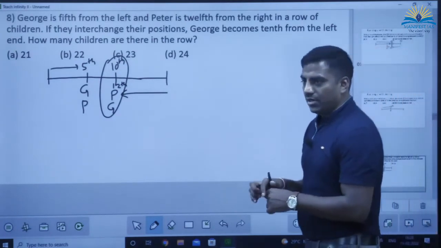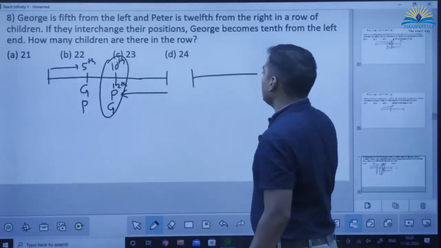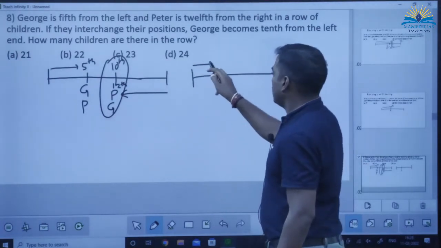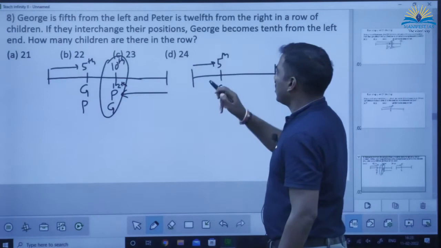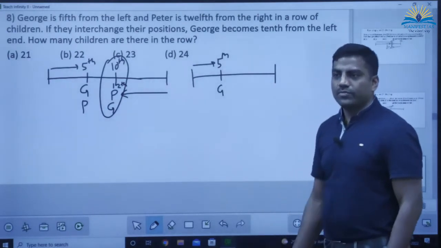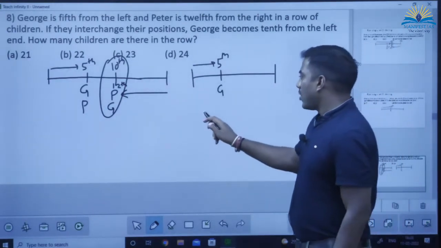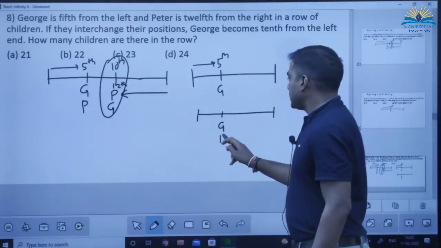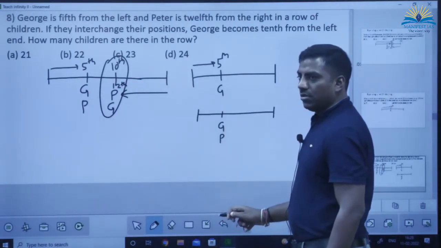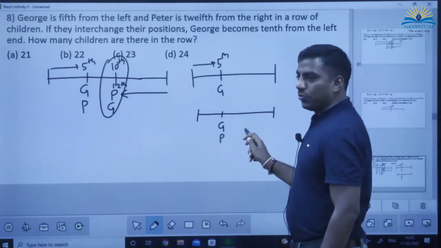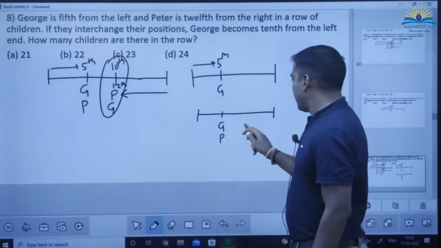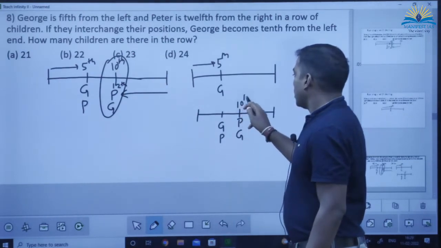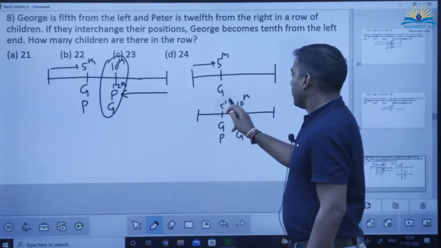See, what did I do here? First, I wrote George's position from left. Then I wrote this position. This is Peter's latest position, but Peter's earlier position is 10th from left. This is 10th, this is 5th.